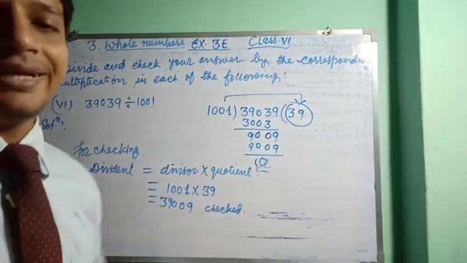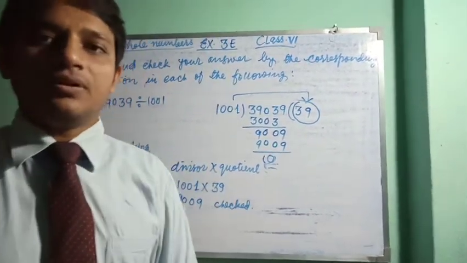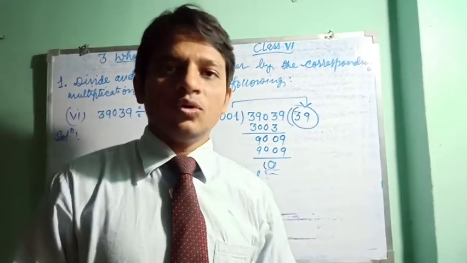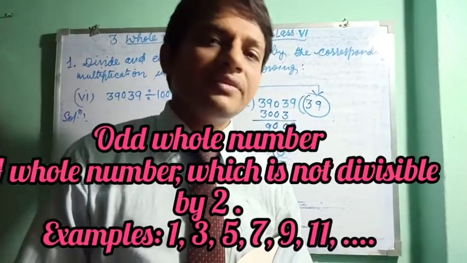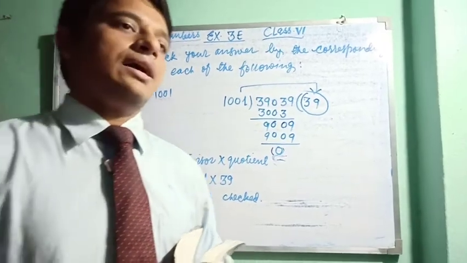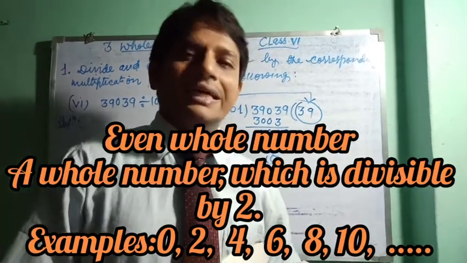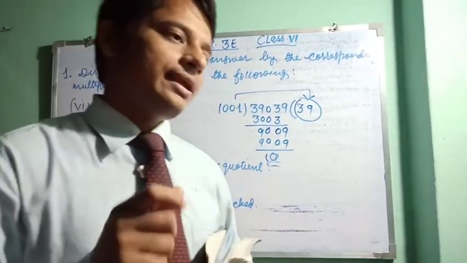Now friends, the next point is odd whole numbers and even whole numbers. Let us define them. A whole number which is not divisible by 2 is called an odd whole number. And what about even whole numbers? A whole number which is divisible by 2 is called an even whole number.